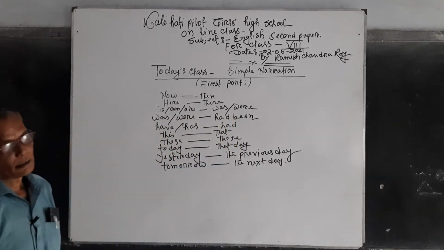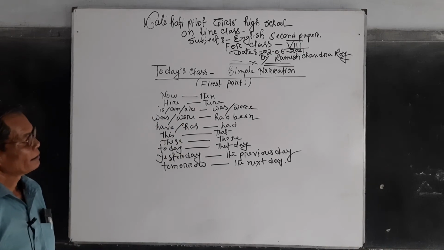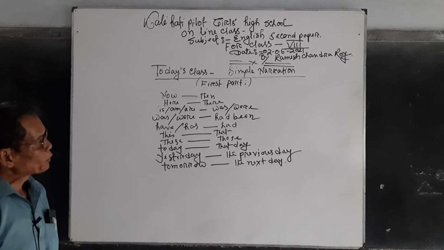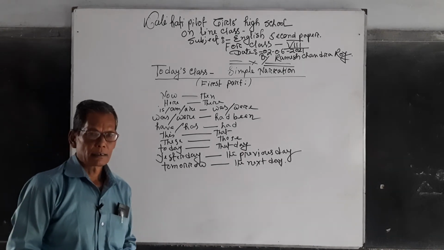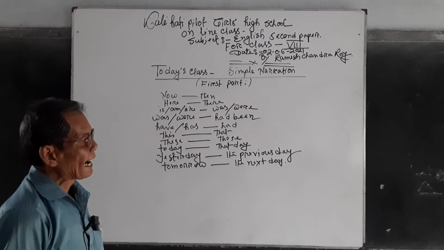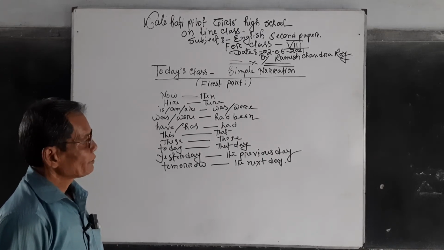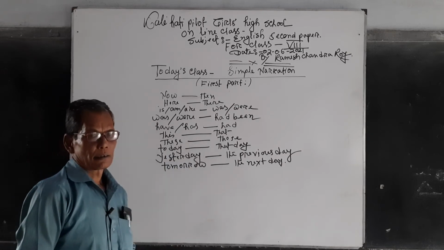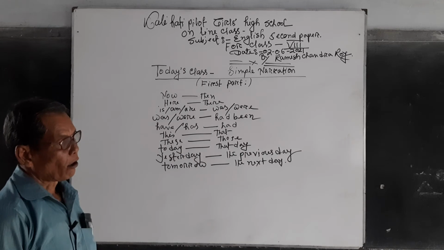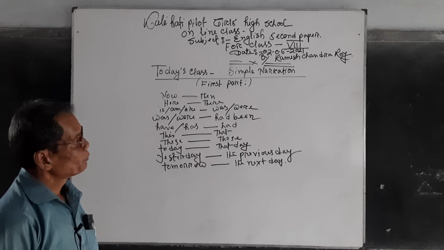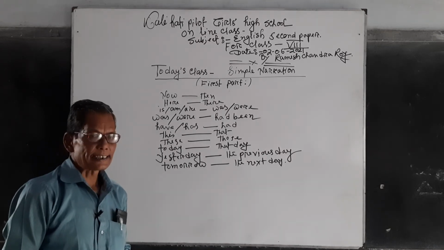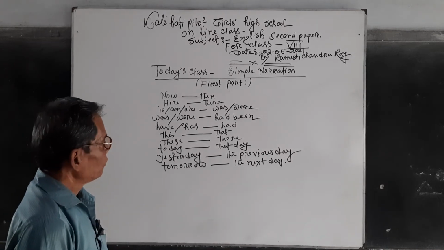My dear students, actually, if you want to change from direct to indirect narration, then you must know how to change the tense. And always you should look at the reported speech to see which kind of sentence it is. Okay?